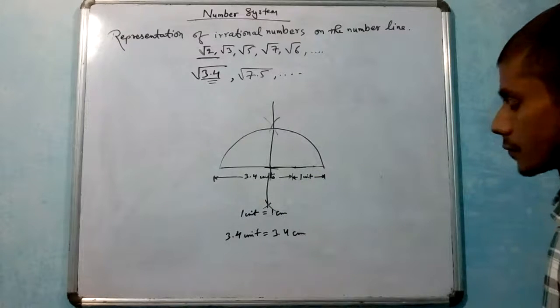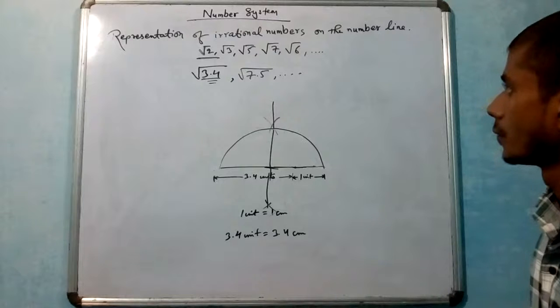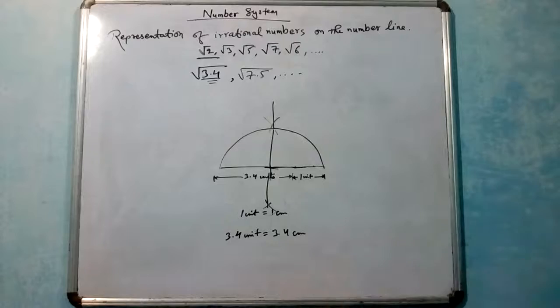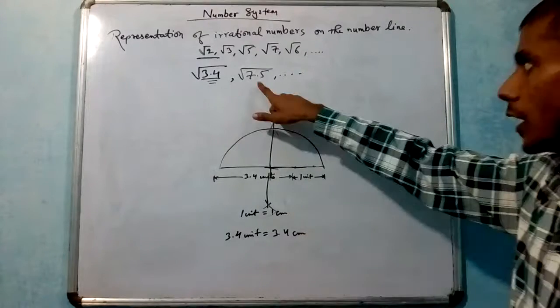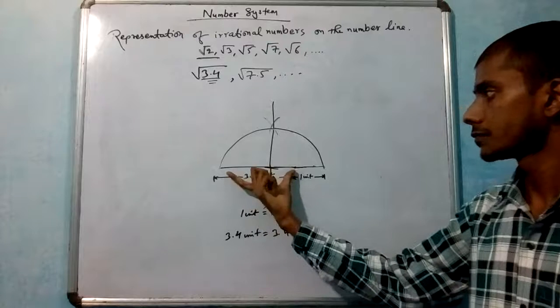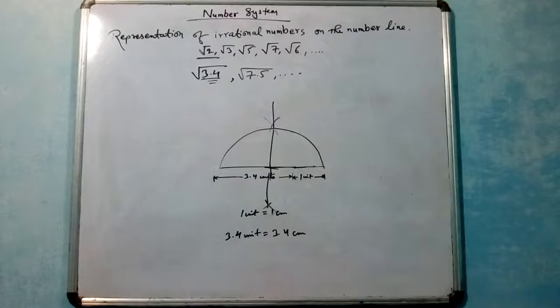Any doubt? Okay, what we did, explain. First we took the value of which we need to find the square root. We took the value, this much.